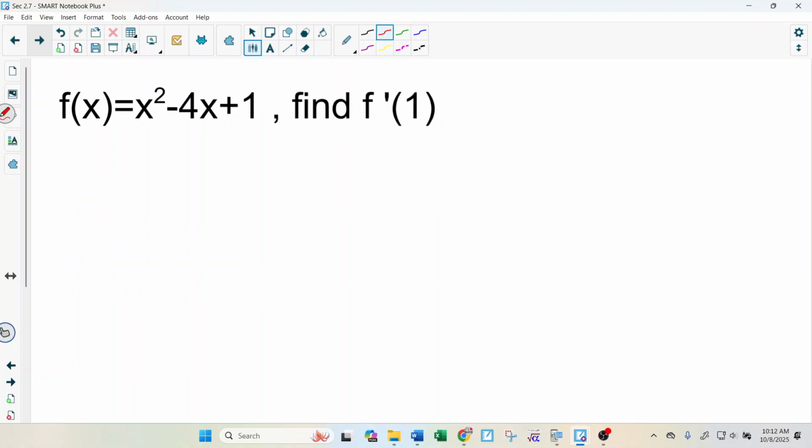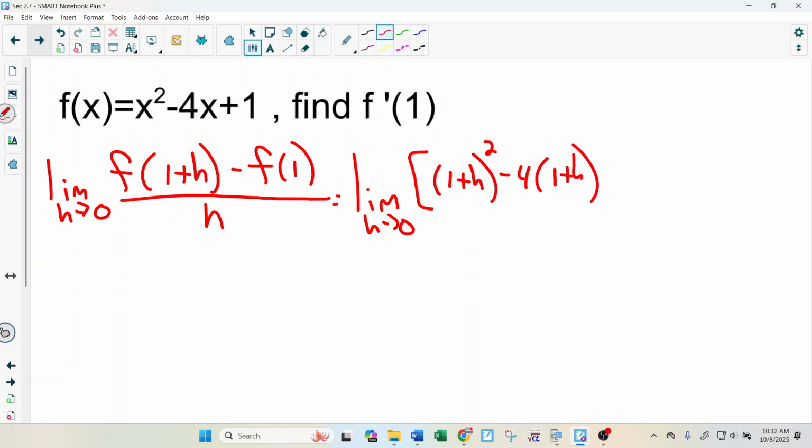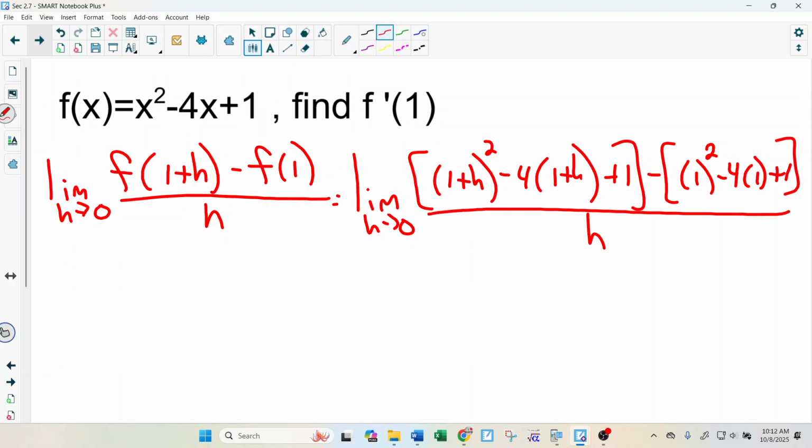So let's look at finding f prime of 1. That's the limit as h goes to 0 of f of 1 plus h minus f of 1 all over h. This is 1 plus h squared minus 4 times 1 plus h, plus 1, minus 1 squared minus 4 times 1 plus 1, all over h.